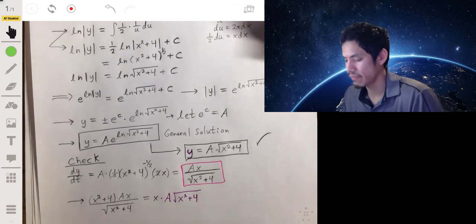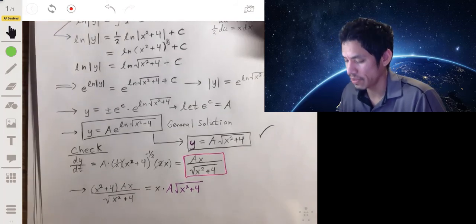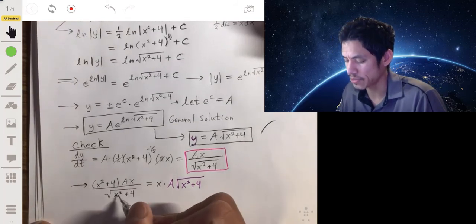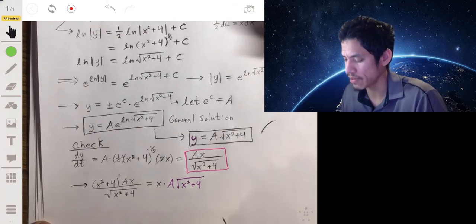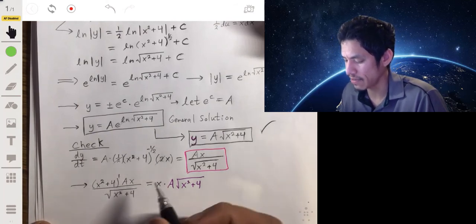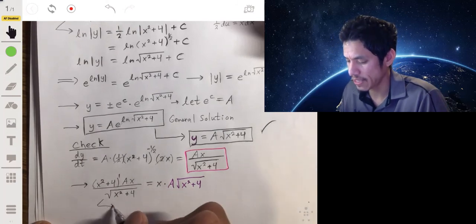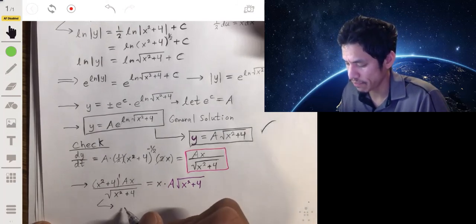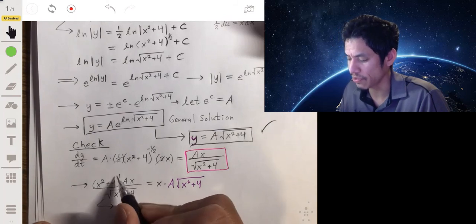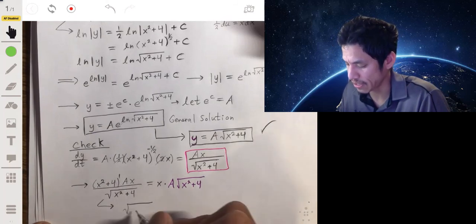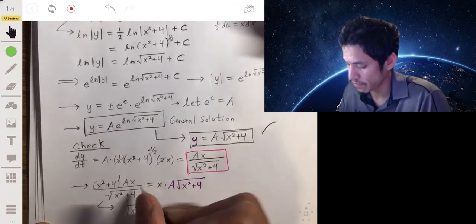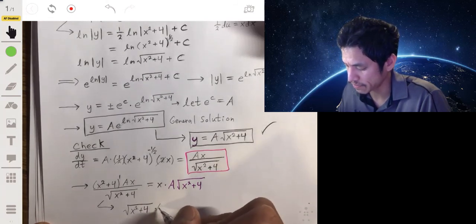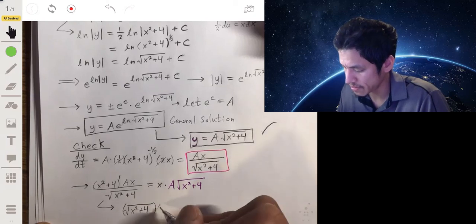And you can pretty much see that it's going to work out, because remember this is just x squared plus 4 to the 1/2 power. So then this is to the 1 power. So on the left side, we'll get x squared plus 4 to the 1/2 power on top, or just the square root of x squared plus 4, times that ax.